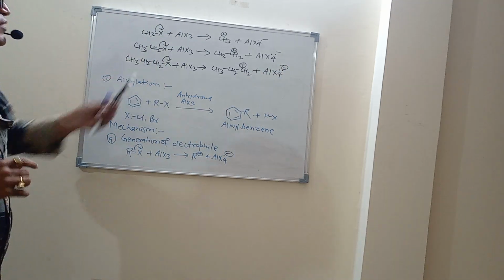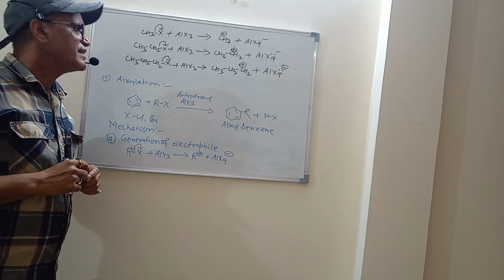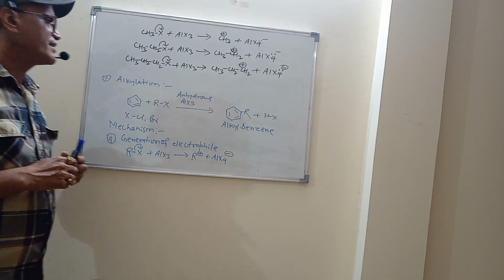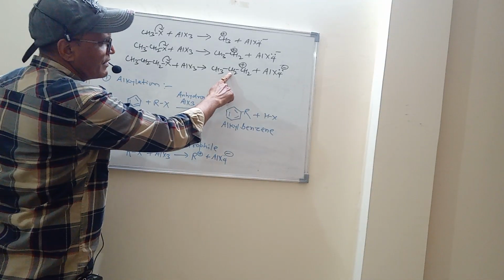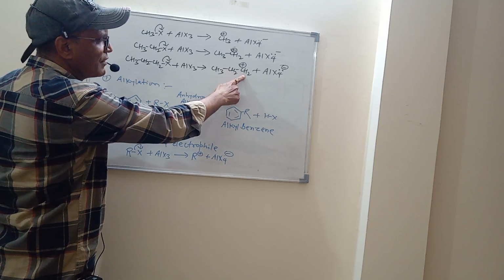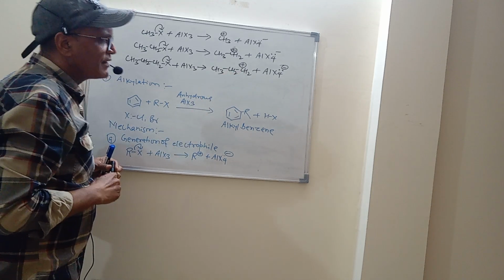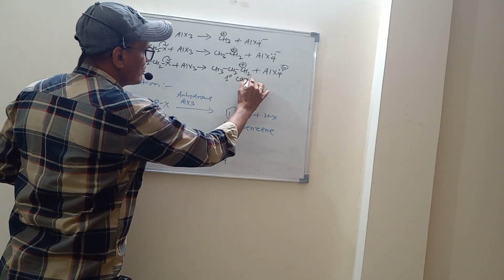Now in the first two cases, there is no possibility of any rearrangement. But in the third case, we can observe this behavior. If this hydrogen along with the bond is shifted here, we will get a secondary carbocation. This is a primary carbocation.